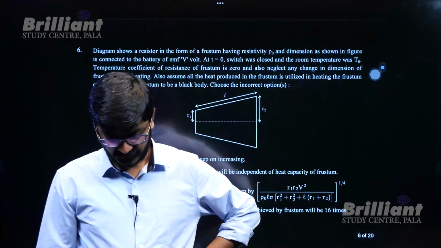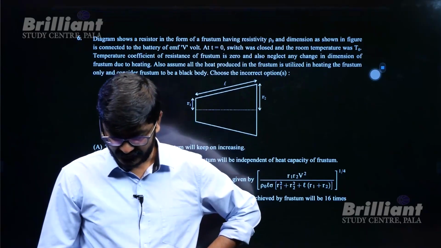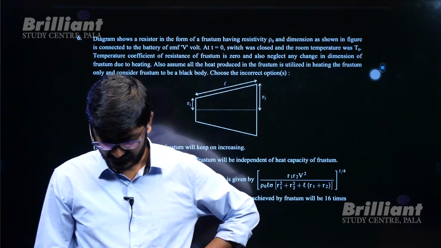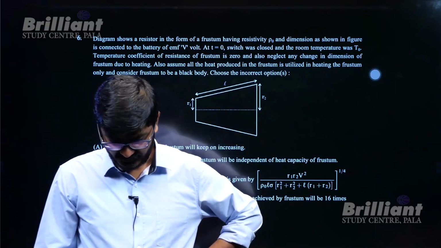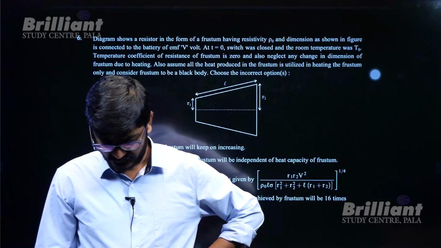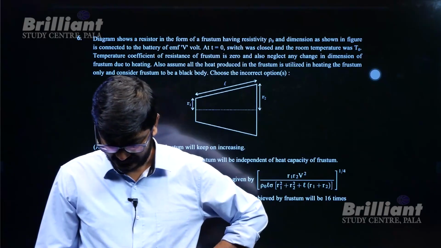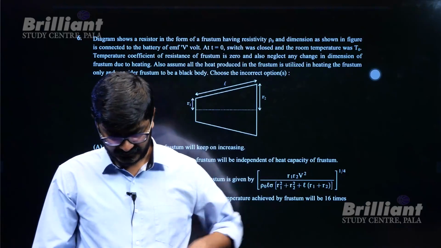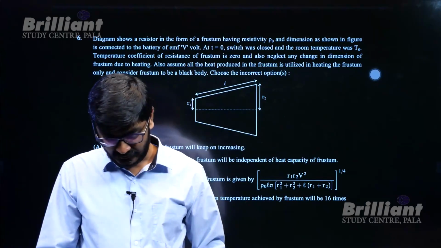The next question goes like, the diagram shows a resistor in the form of a frustum having resistivity and dimensions as shown in the figure, and the temperature of the room is T0. The temperature coefficient of resistance of the frustum is 0, so resistance is fixed. Also neglect the change in the dimension of the frustum due to heating.